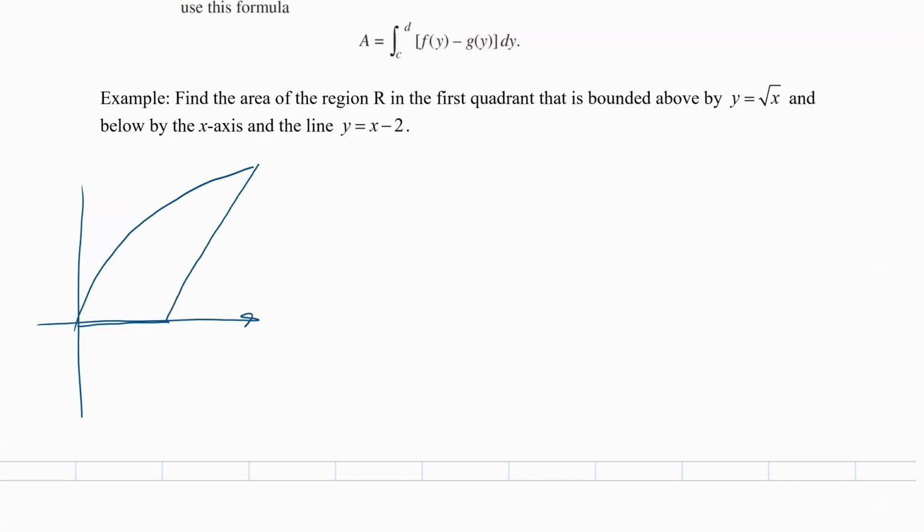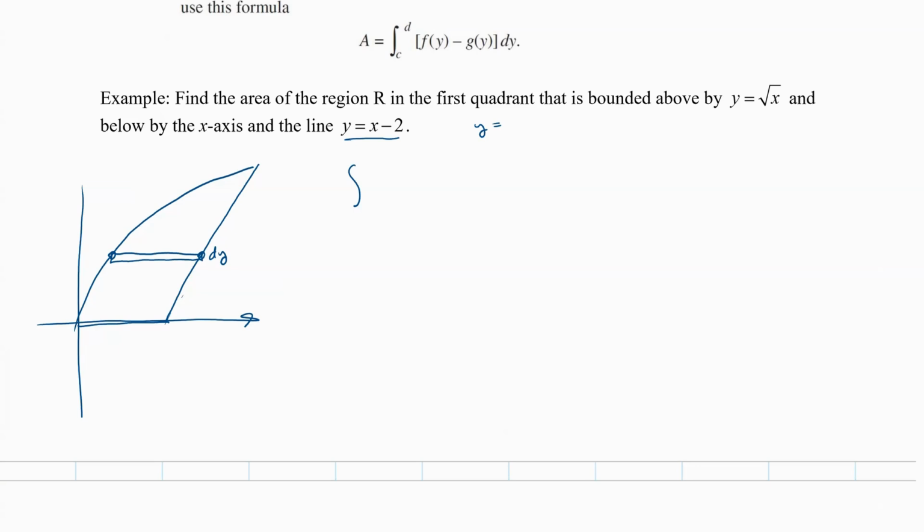Okay. But now I can make my rectangles in the dy orientation, each of these rectangles dy tall. And now the width of the rectangles is the x value to the right, which is the largest x value, minus the x value to the left, which is the smaller x value. So we might say that is the integral of the x value to the right.